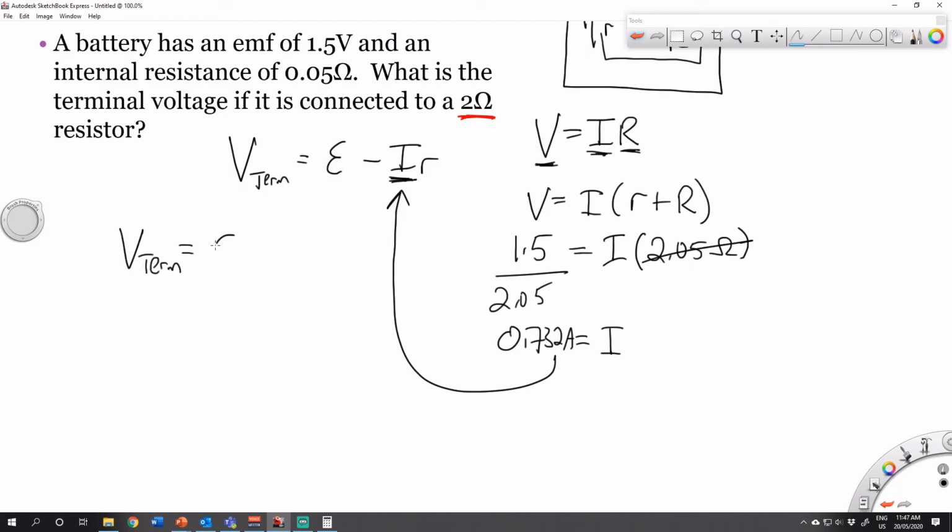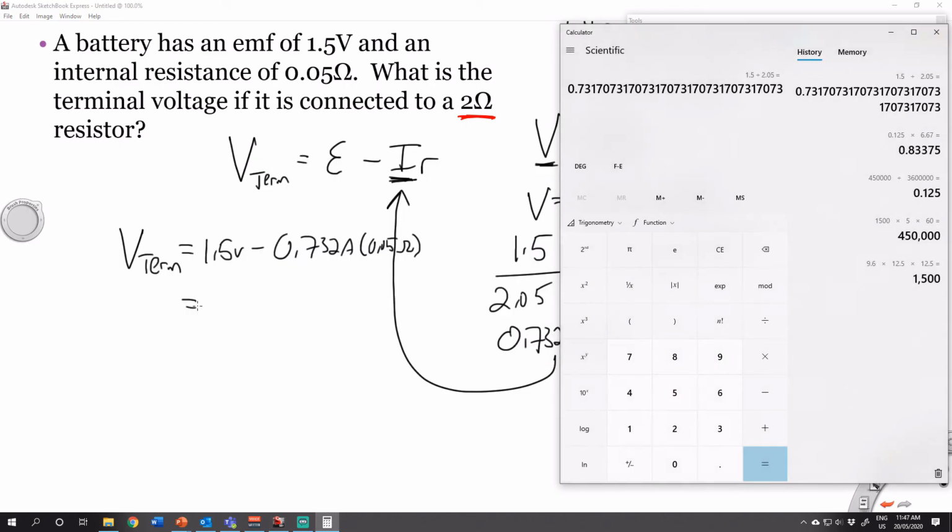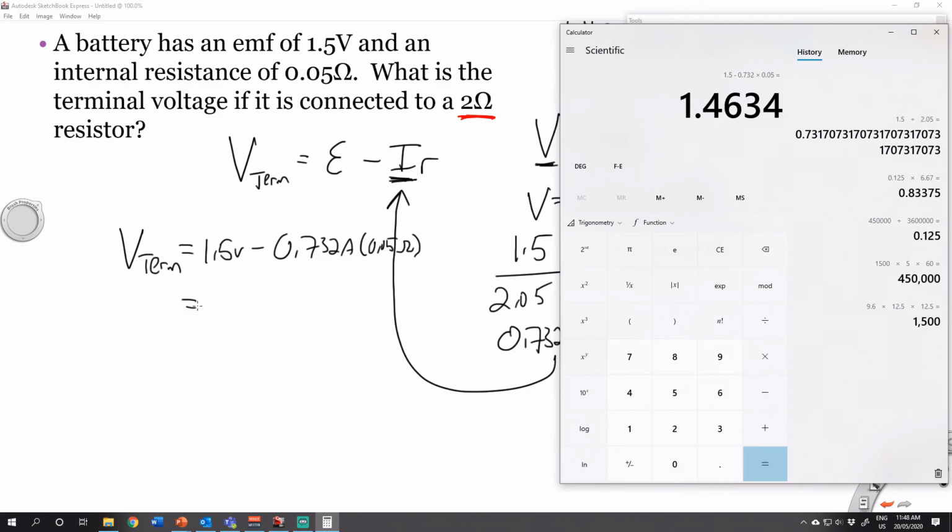Terminal voltage of the battery: the EMF, which is 1.5 volts, minus the current of 0.732 amps times our resistance of 0.05 ohms. So 1.5 minus 0.732 times 0.05.